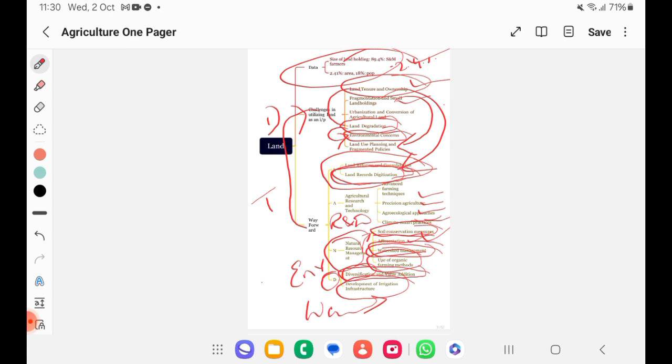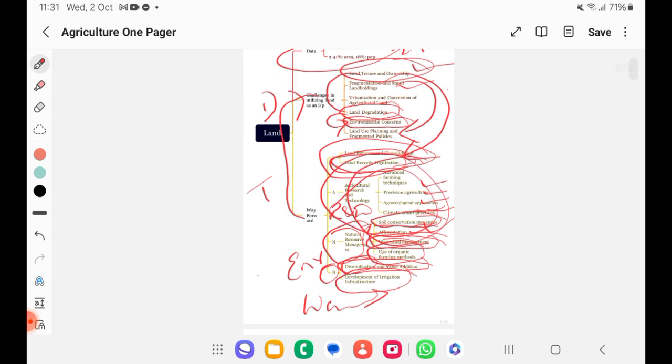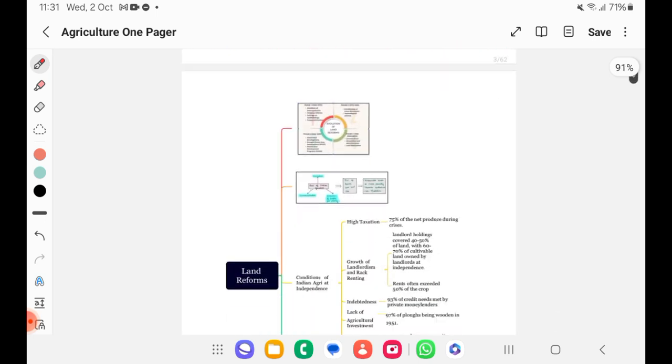Also for land degradation, land conservation should be there. For environment concerns, resource management should be there. Land use planning and fragmented policy, you can also say policy reforms, and then mention R&D. How can you change the policies after doing research and development only, right? So I have just given what you have to write for land.